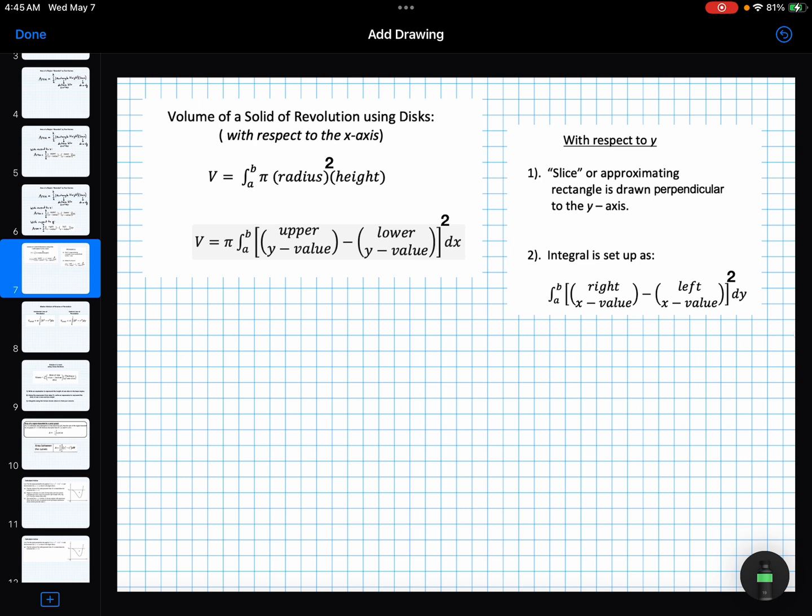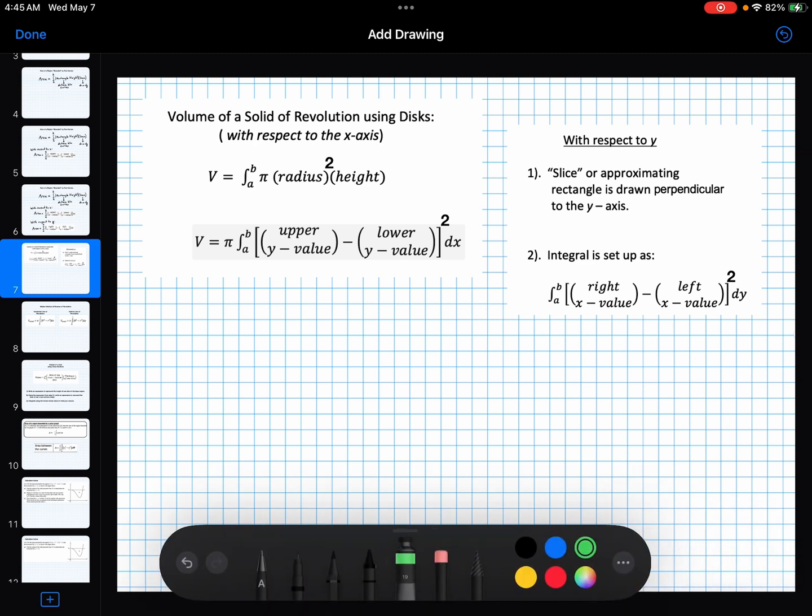And again, the radius takes the place of the height of your area rectangles. So same formula set up to find those things. You just have to remember to square whatever that expression is. The height of your cylindrical disk is going to be dx or dy. Your limits of integration are, of course, going to be x values when it's with respect to x, and y values with respect to y.